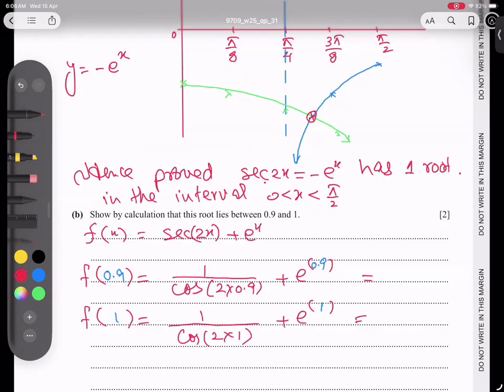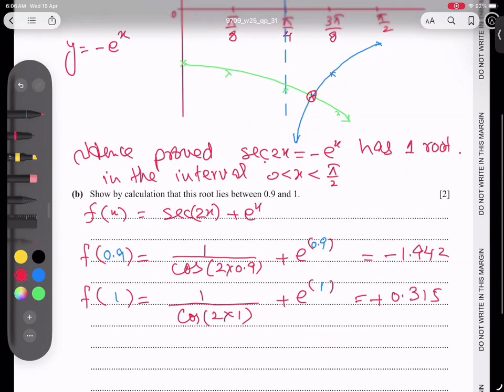So when I type the first value, 1 over cos of 2 times 0.9 plus e to the power 0.9, I'm getting negative 1.941. And when I replace each x value by 1, then I'm getting positive 0.315.